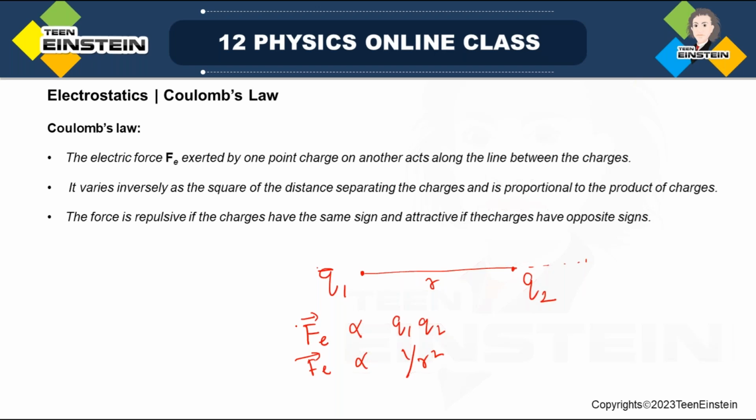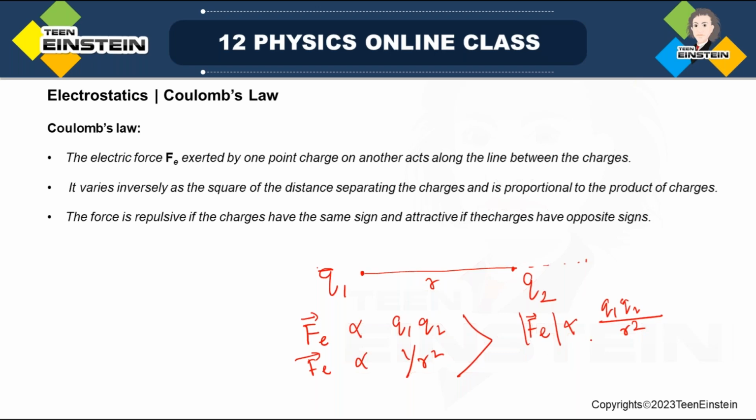If we combine these two, taking just the magnitude for convenience, it is directly proportional to Q1 Q2 and inversely proportional to the square of the distance.